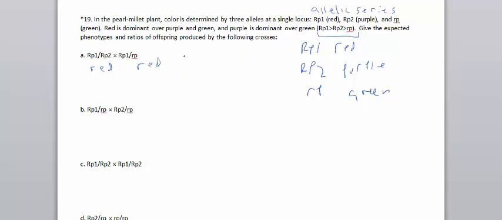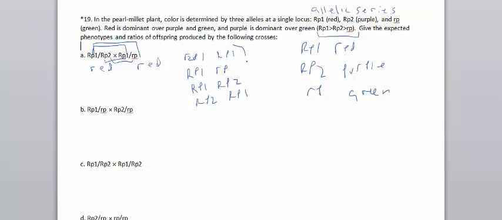And then we'll get RP1 RP1, RP1 little rp, RP1 RP2, and RP2 RP1. So we're just getting all 4 possible combinations from those things.